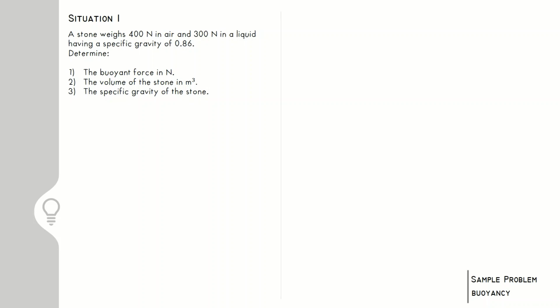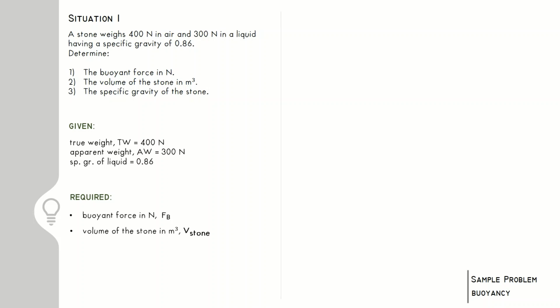The apparent weight, or the weight when submerged in the liquid, is 300 Newton. And the specific gravity of liquid is 0.86. Now we are tasked to find the buoyant force acting on the stone, the volume of the stone in cubic meter, and the specific gravity of the stone.